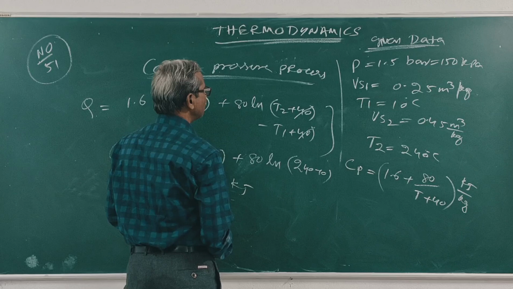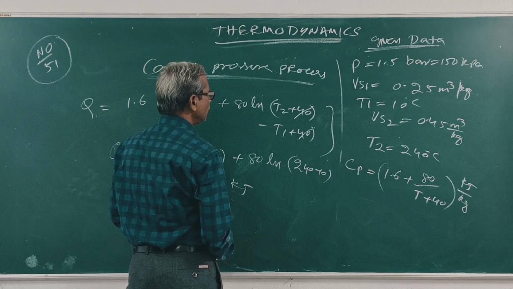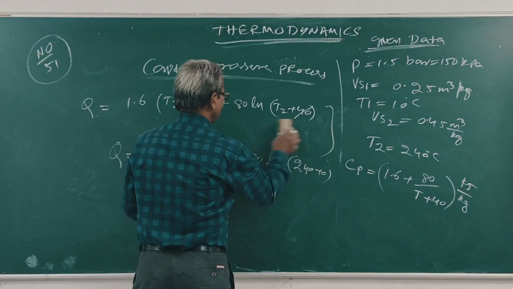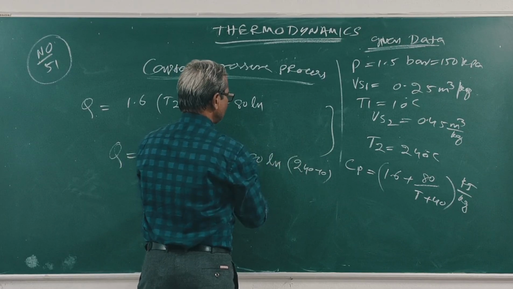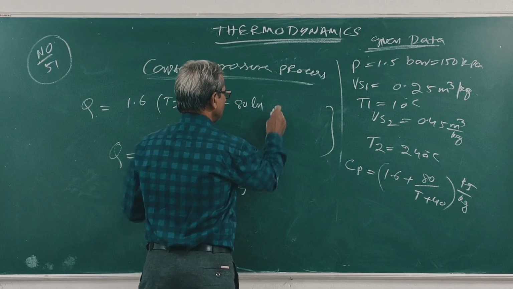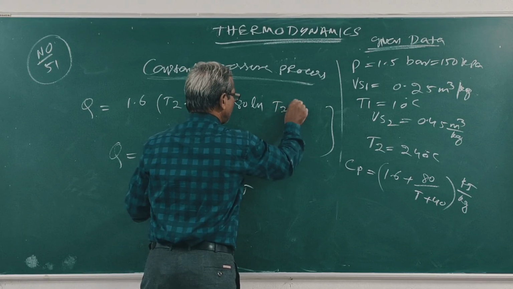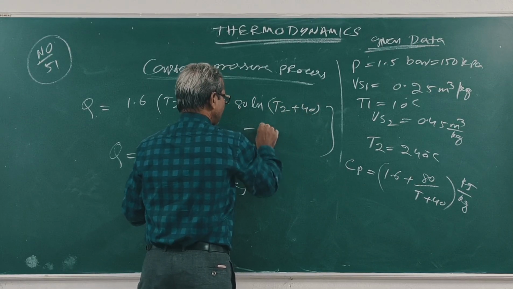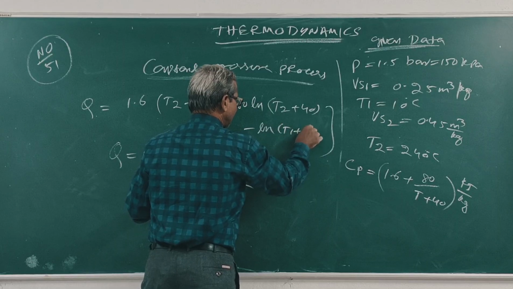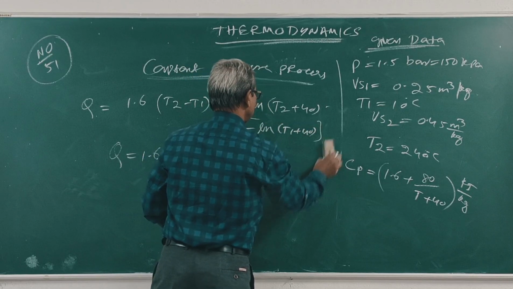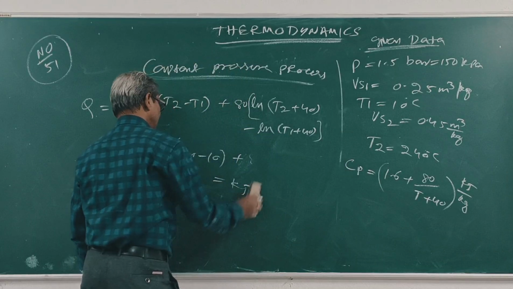This is log. Log m minus log, T2 plus 40 minus log T1 plus 40. Right? This is the answer.